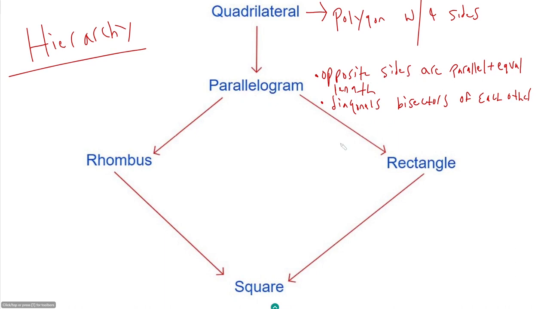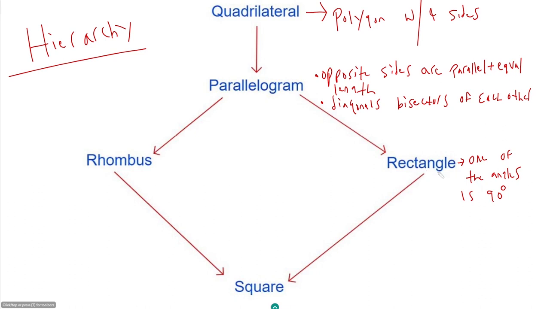So next, how do you go from being a parallelogram to being a rectangle? Well, to do that, you just need to know that you are a parallelogram where one of the angles is 90 degrees. And so a rectangle is just a parallelogram where one of the angles is 90 degrees. And you might say to yourself, well, I know what a rectangle is. I've seen a rectangle before. I graduated kindergarten.